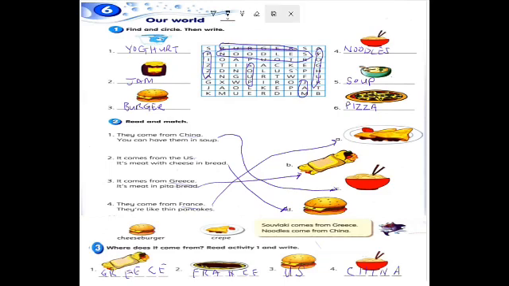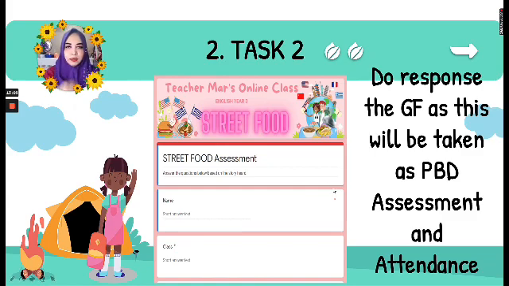Okay, once you finish, this is the second task. This is in the Google form I already made for you yesterday. So you have to respond. This is compulsory. Mesti wajib buat ya. Because I will use this Google form response for your PBD assessment, and I will also take this as your attendance. Once you complete it, that means you are attending my English lesson.